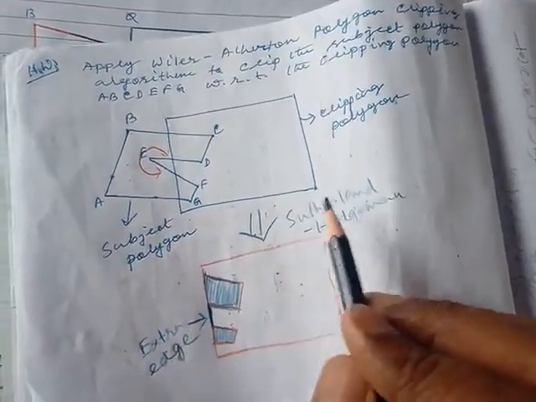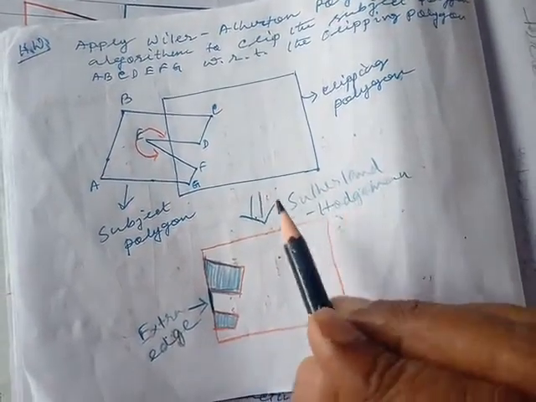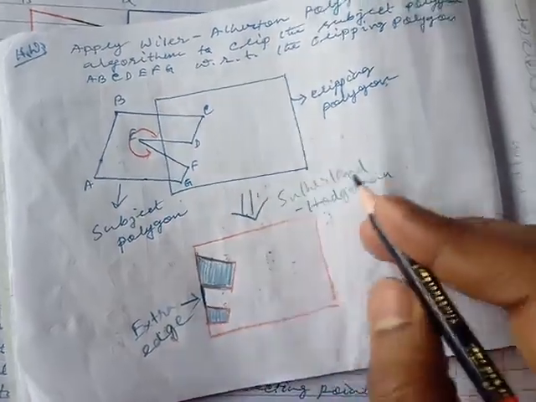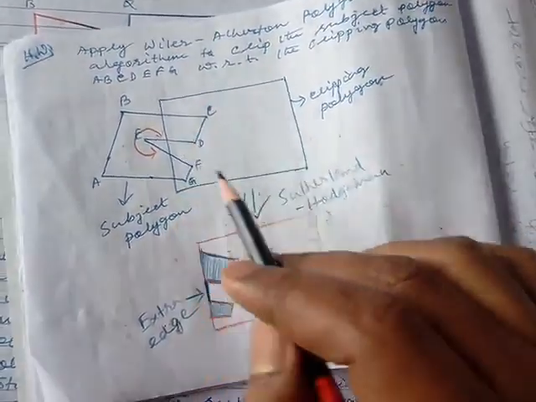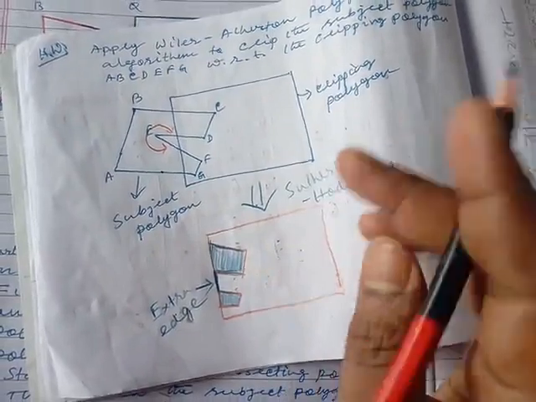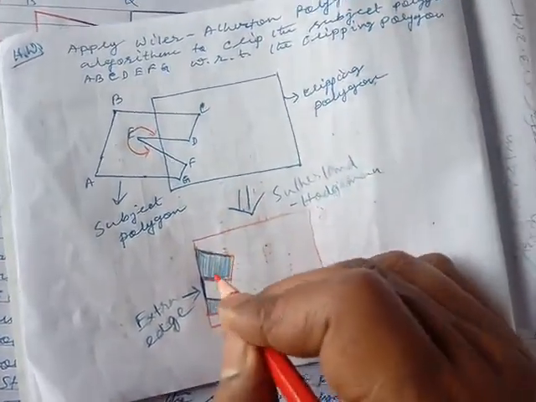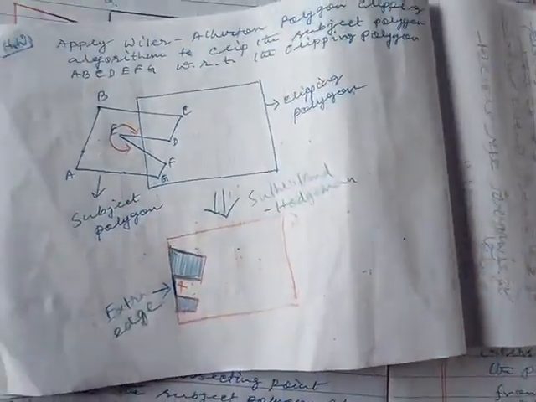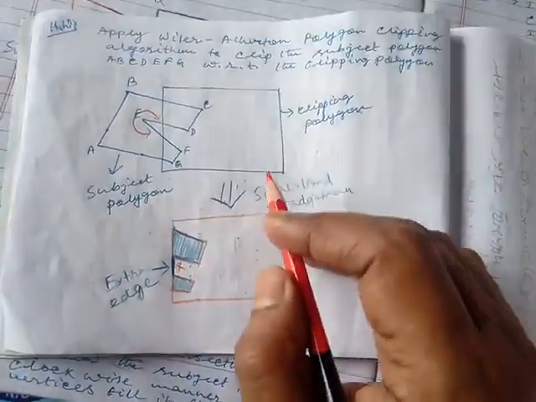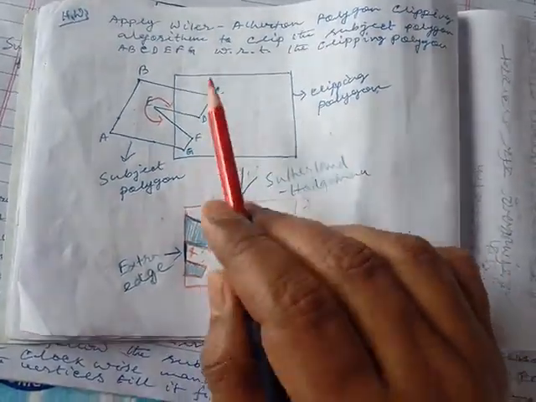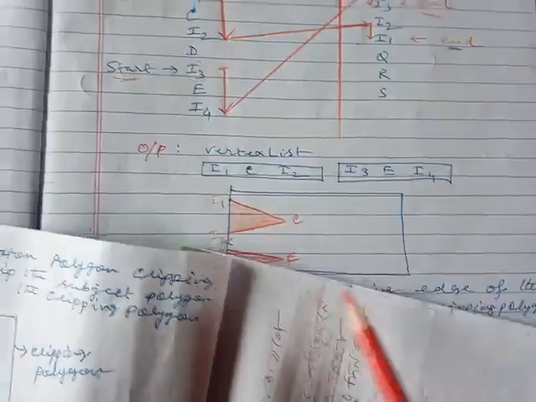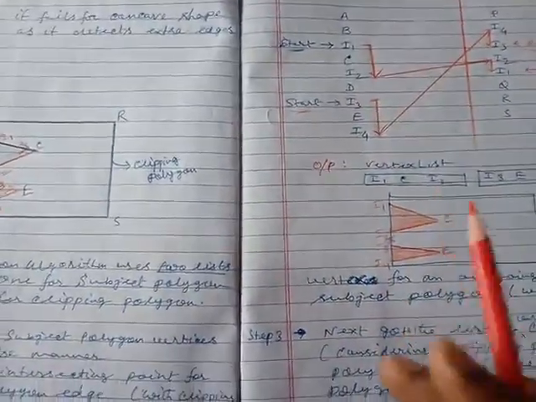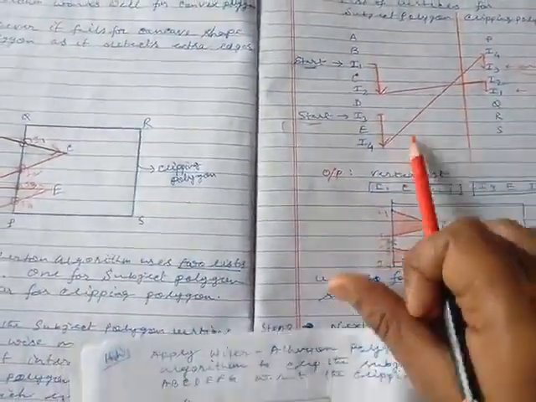We have already discussed that if you use the Sutherland-Hodgman algorithm, you will get this sort of figure. If we apply the Weiler-Atherton algorithm, this edge will not occur. I instruct you all to solve this problem and show the vertex list like we have done for this case, and to generate the output.